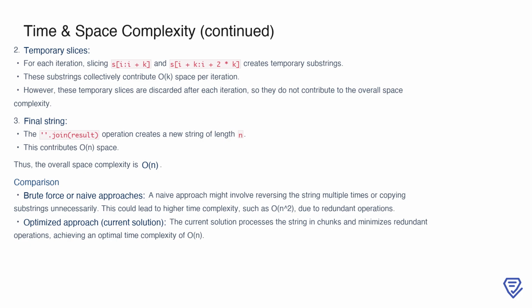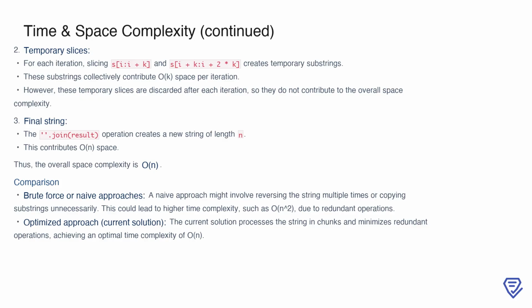However, since these slices are discarded after each iteration, they do not accumulate and do not contribute to the overall space complexity. Finally, the join operation creates a new string of length n, which adds O(n) space. Combining these factors, the overall space complexity of the algorithm is O(n).